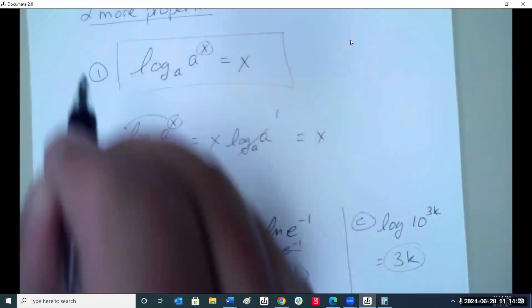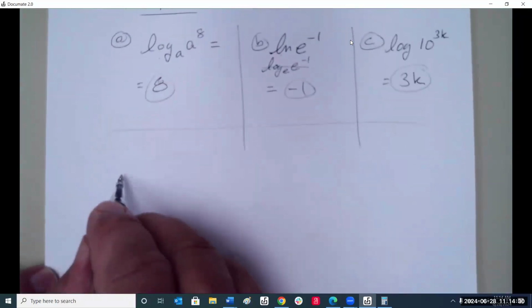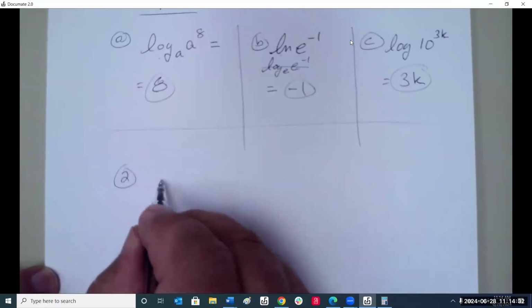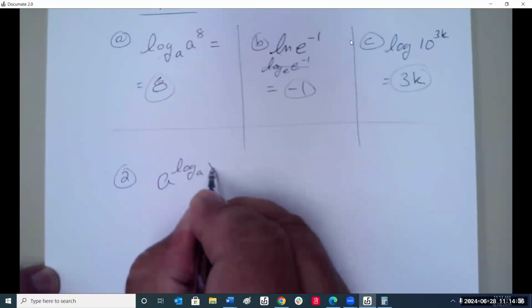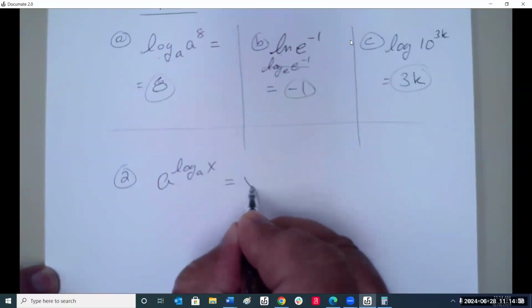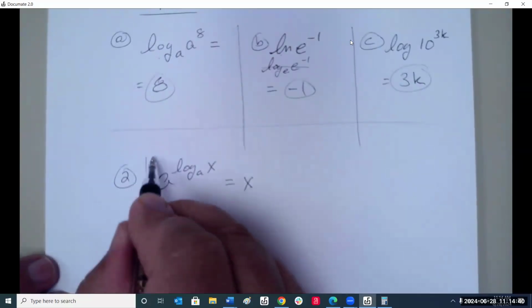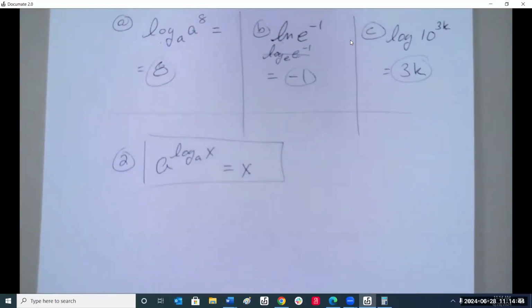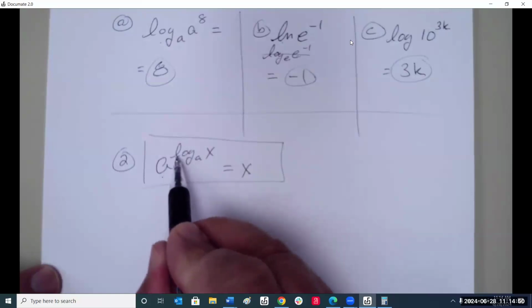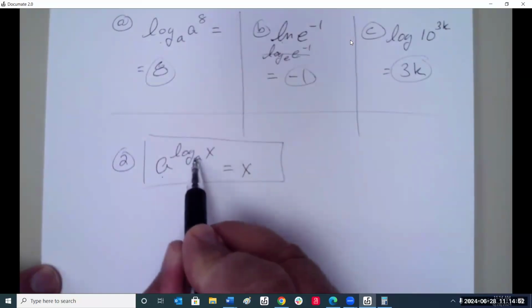So that's the first. And the second property that was overlooked: A to the power log base A of X is also X. If the bases are the same, they cancel. This is the base A of this exponent. This is the base of this logarithm.